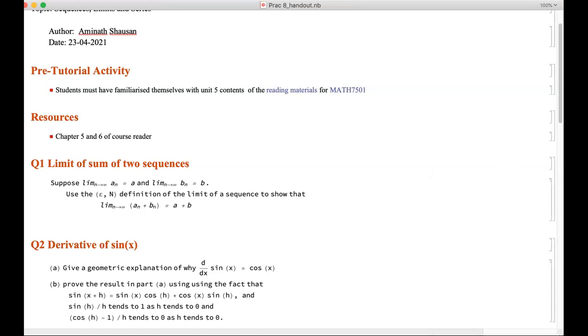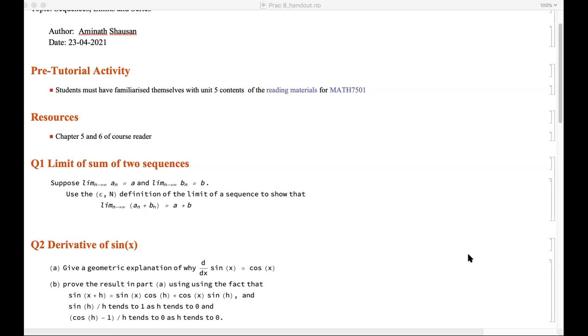Can someone tell me what is the definition of epsilon-N for any sequence? In your assignment, instead of the sums, the product is given.